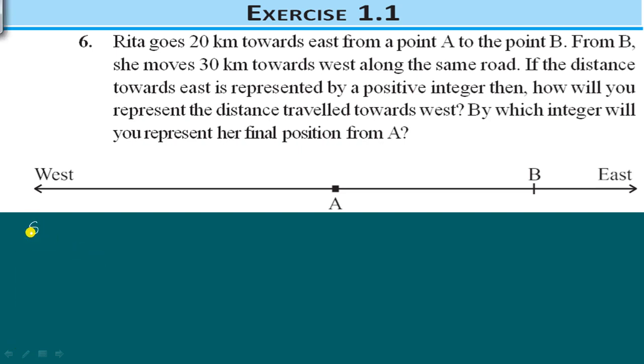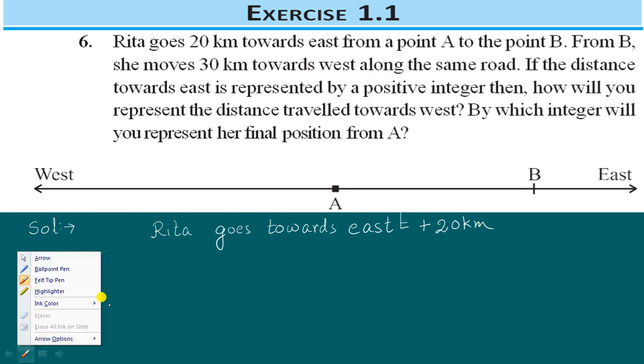Here you see, Rita goes 20 km towards east from a point A. That means Rita goes towards east, it will be represented by plus, that is plus 20 km.